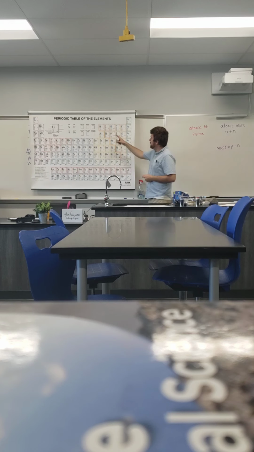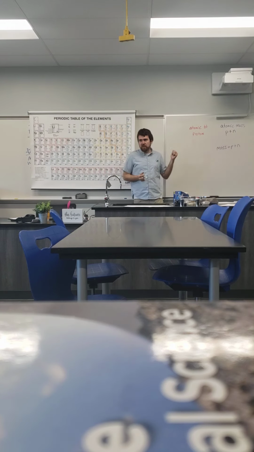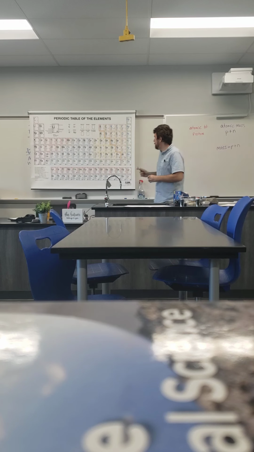If we look at carbon right here, we can see its atomic mass is 12.0108. So that means almost all of carbon is going to have a mass of 12. But sometimes, very rarely, it's going to have something more than 12. That's what increases that average just above the number 12. So we can have things like carbon 14. That's a naturally occurring isotope, a form of carbon that we might see.